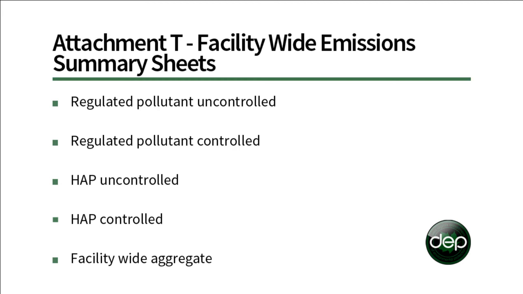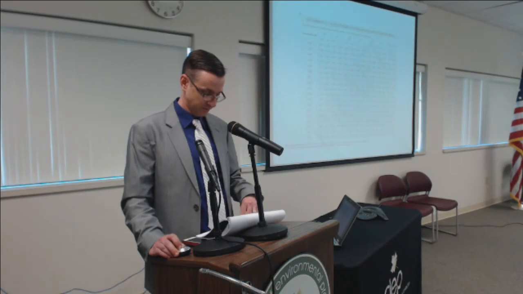And those forms can be found on pages 35 through 38 of your application package, where you will list each emission point and what the emission values are for controlled and uncontrolled.